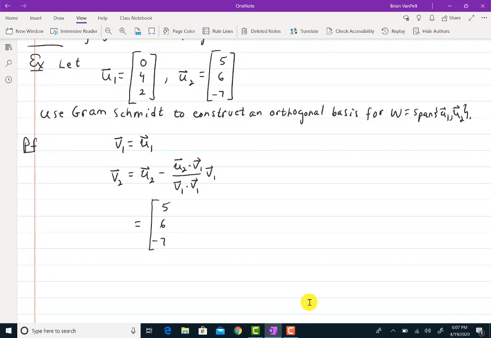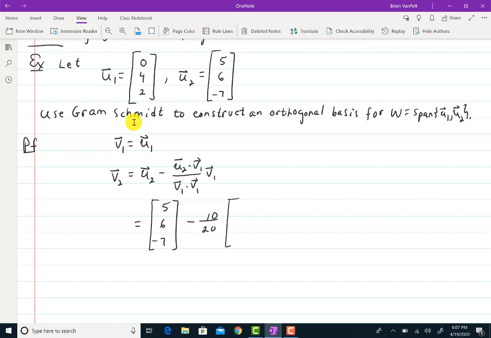So that's 5, 6, negative 7 minus, now u2 dot v1, which is u2 dot u1: 5 times 0 is 0, 6 times 4 is 24, minus 14, so that'll be 10, over v1 dot v1, which is u1 dot u1, so that's over 20.